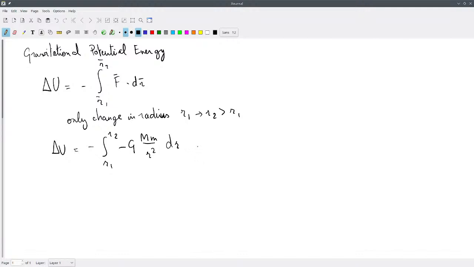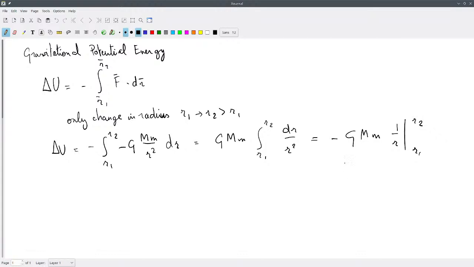If we plug in those numbers and take the constants out in front, we get G times big M little m, the integral from r1 to r2 of dr over r squared. Calculating that integral, that's minus G M m times 1 over r evaluated between r1 and r2.